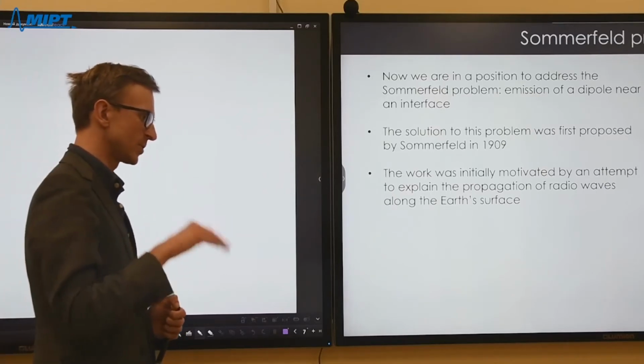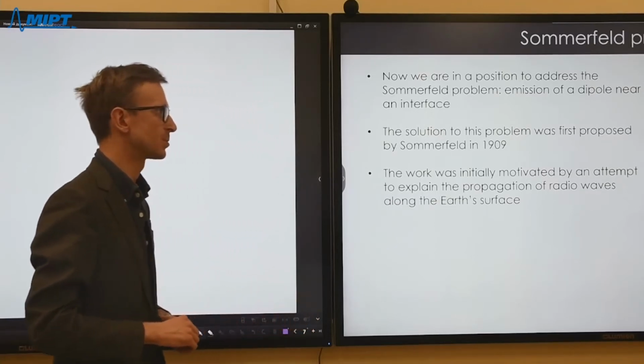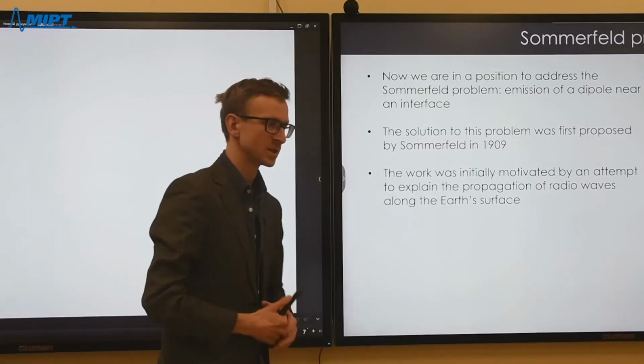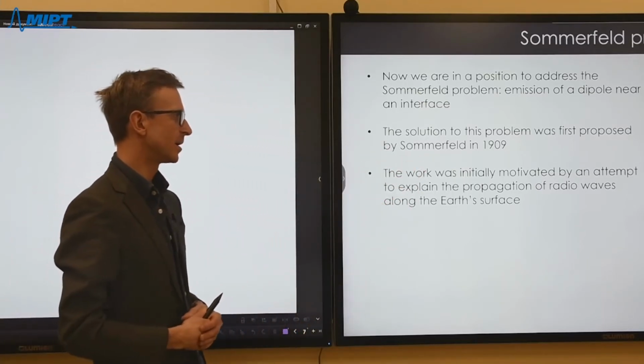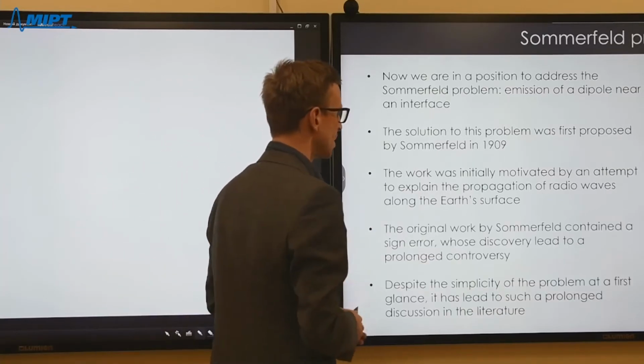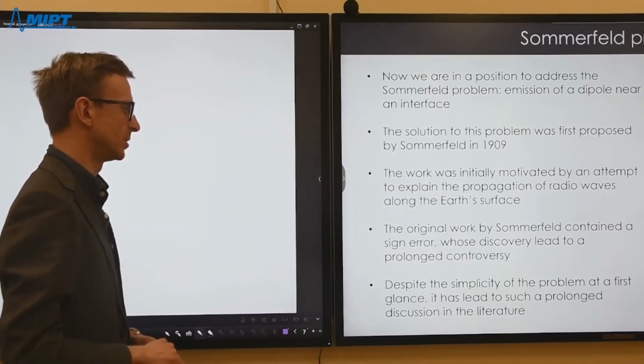There was a lot of controversy in that year related to that problem, and then it was revealed that the original paper by Sommerfeld contained a sign error, which was revealed only some 10 or even more years ago. So it was quite a messy problem with a very long and interesting history.